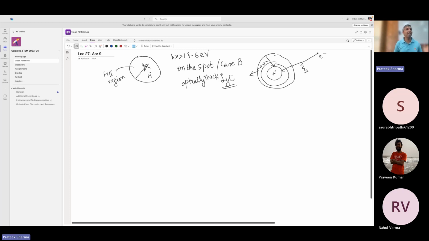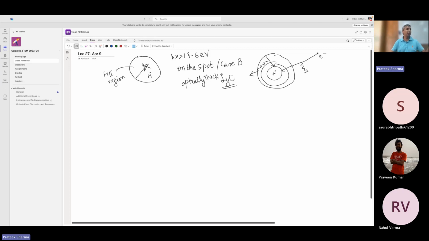In lower density nebulae, case A can apply. That is, there the optical depth can be small for Lyman continuum photons, and in that case, as soon as a Lyman continuum photon is born, it can just leave the system.